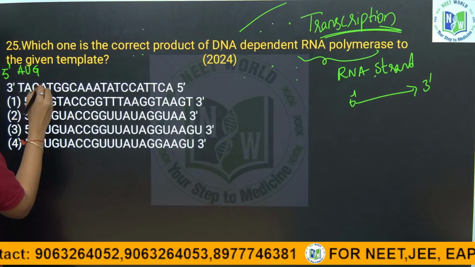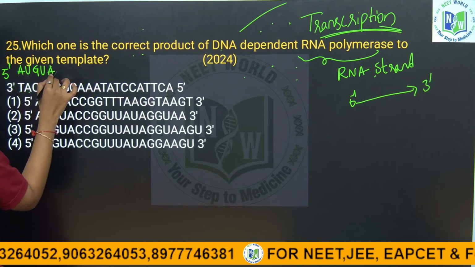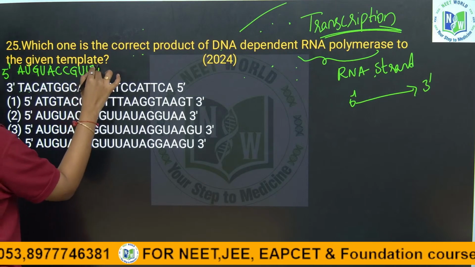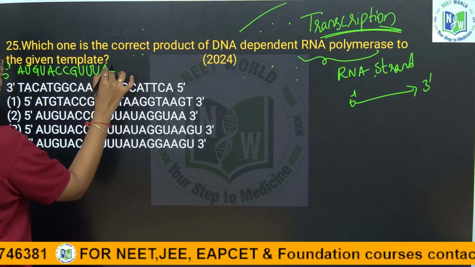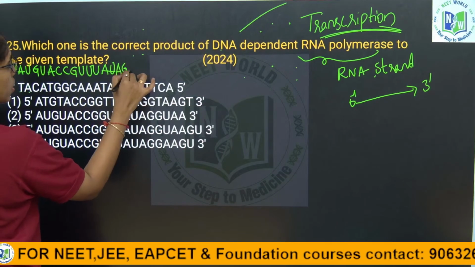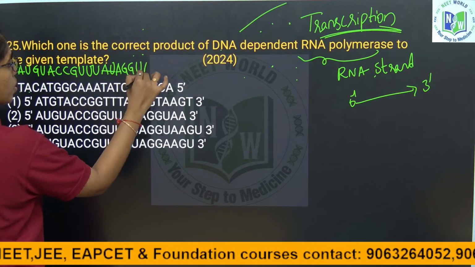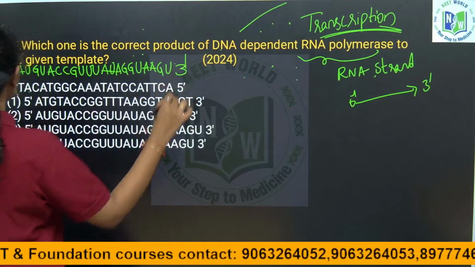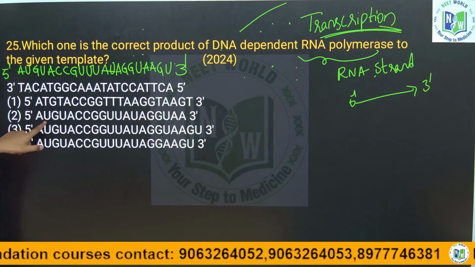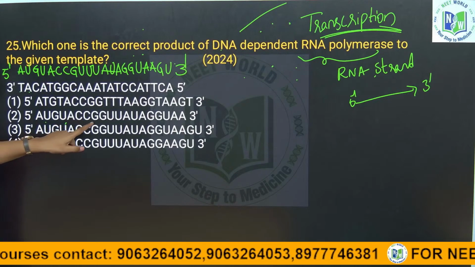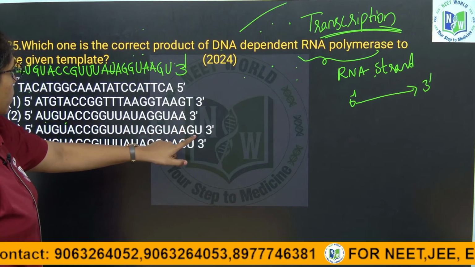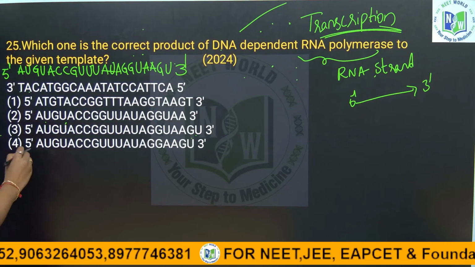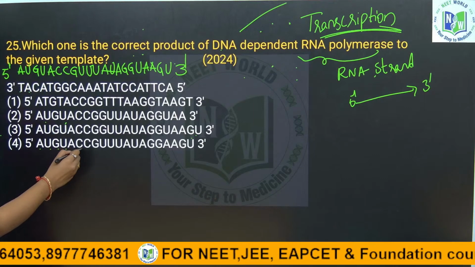A pairs with U, T pairs with A, and so on through the template. Here it will be from 5' to 3', and this will be the correct answer. Option 3 is the correct answer: A, U, G, U, A, C, C.